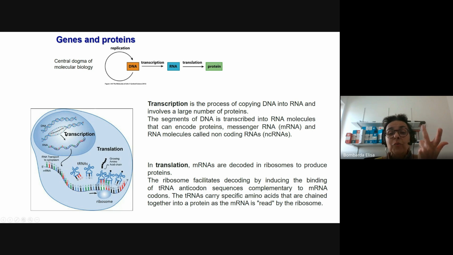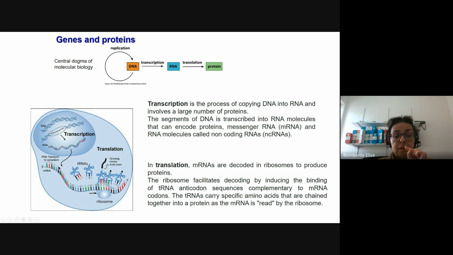Actually, this is not really a translation. That's why it's called transcription, and also a way to distinguish between the two fundamental processes. It is just to copy. The language is the same between the DNA and the RNA. You have the 4 bases, and so you just have to copy the message.